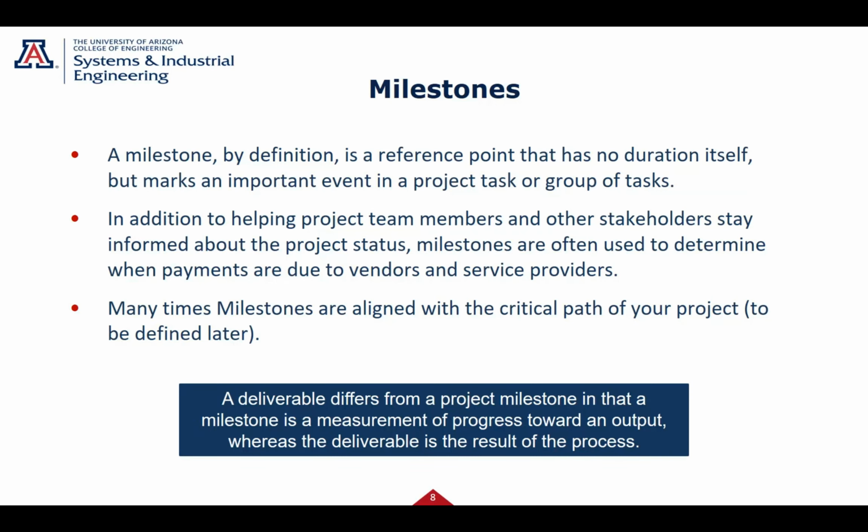You said you were going to deliver it at this point. Did you deliver it? In addition to helping the project team members stay informed, it also determines many times payments. So you might set up your payment schedule that you have internal milestones and then you're making payments on those. Again, this is for a longer term project, but maybe you're getting some milestones.